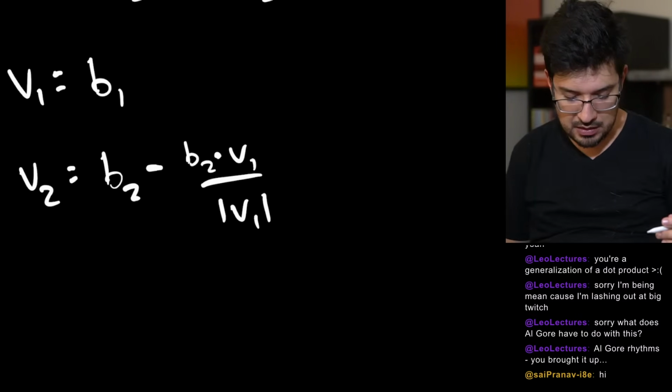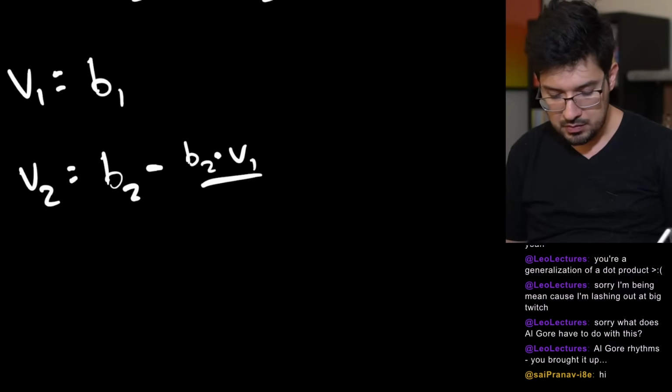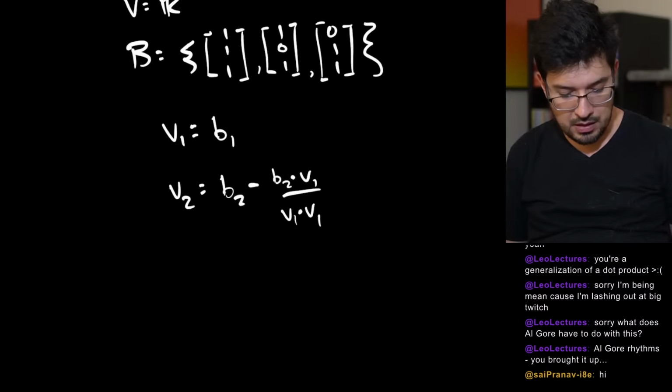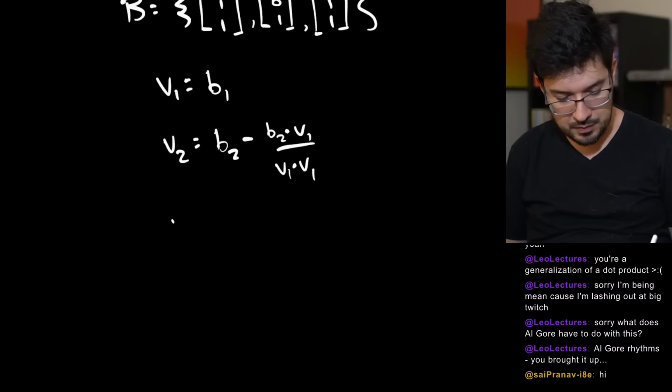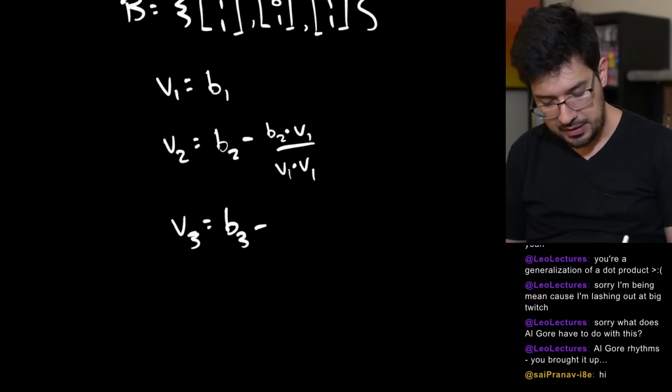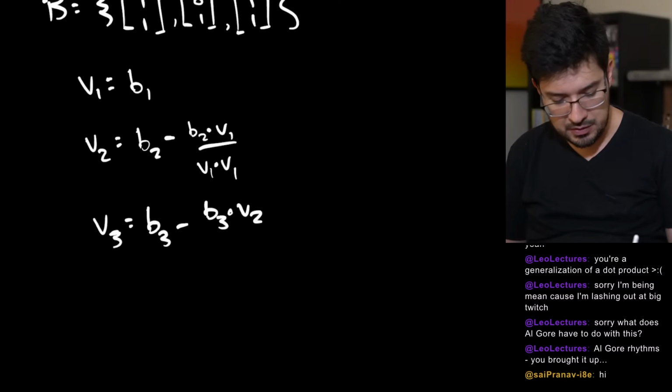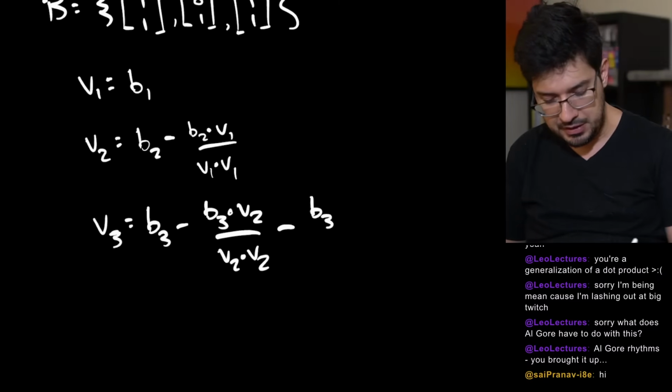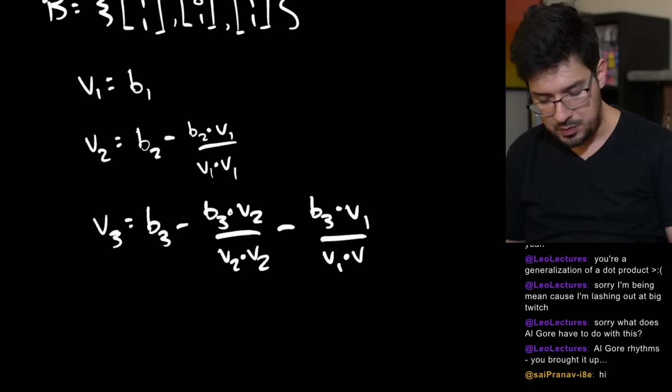So this is not the magnitude of v1, it would be the magnitude of v1 squared. But it's better to write it this way. And then v3 is going to be b3 minus b3 dot v2 divided by v2 dot v2 minus b3 dot v1 divided by v1 dot v1.